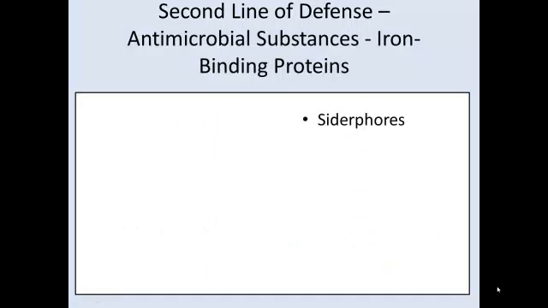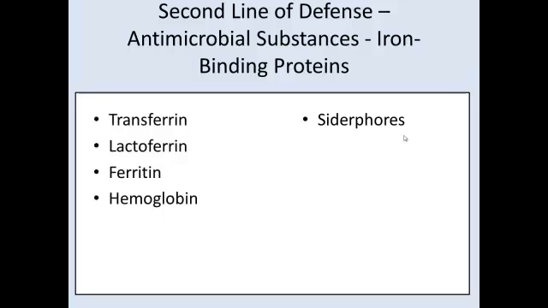Now let's talk about antimicrobial substances, those iron-binding proteins that carry iron from place to place. Now you remember from the previous chapters, siderophores are proteins that pathogens make to bind iron. Well, we make iron-binding proteins, and there's kind of a tug-of-war between the pathogen and us.